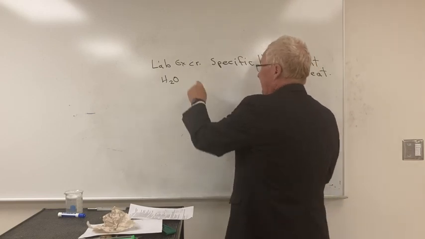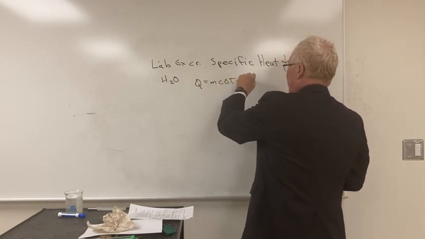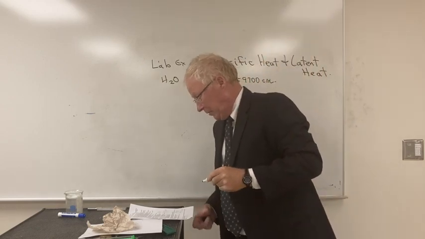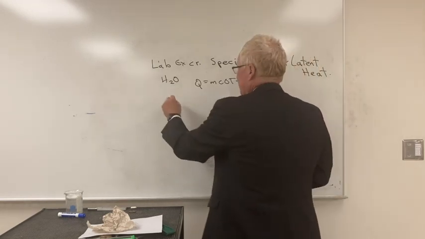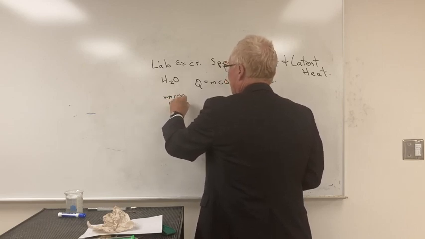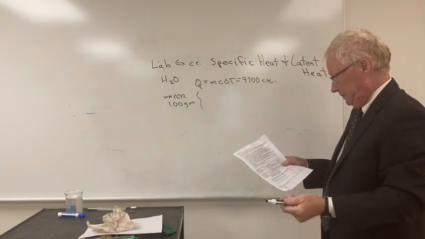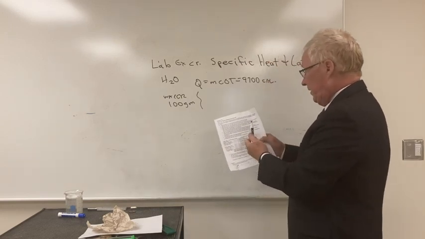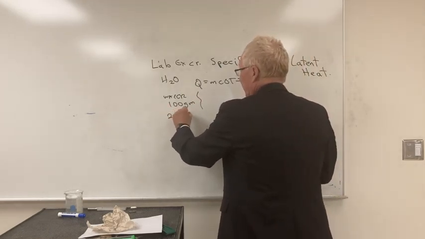So again, the amount of heat we applied, Q equals M C delta T, was 9,700 calories. All right, now the amount of water we started with was 100 grams. Doing the calculations, you'll realize we started with 226 grams total.